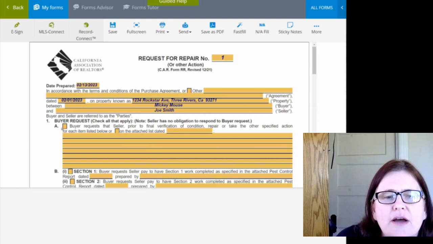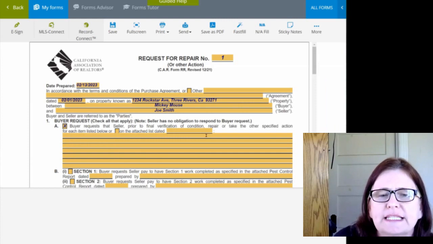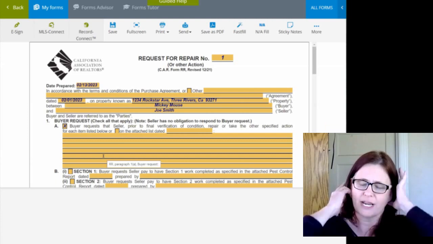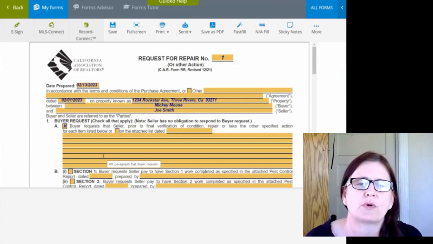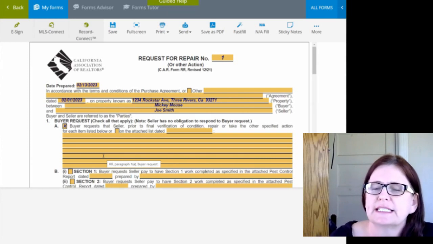Right here on number A, we're going to check this box, which says that the buyer is going to request that the seller do these items. I don't have a sample report with me, but when we're putting the items on here, we want to be very specific about how we're asking for the items.